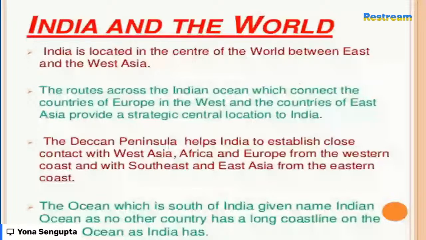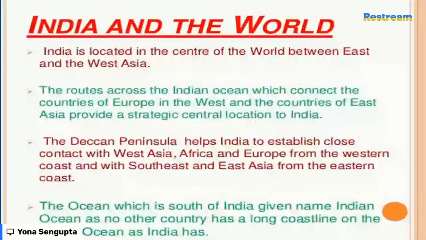So first, the Indian landmass, as you can see, has a central location between the East and the West Asia. India is a southward extension of the Asian continent, and the trans-Indian Ocean routes connect the countries of Europe in the west and the countries of East Asia.